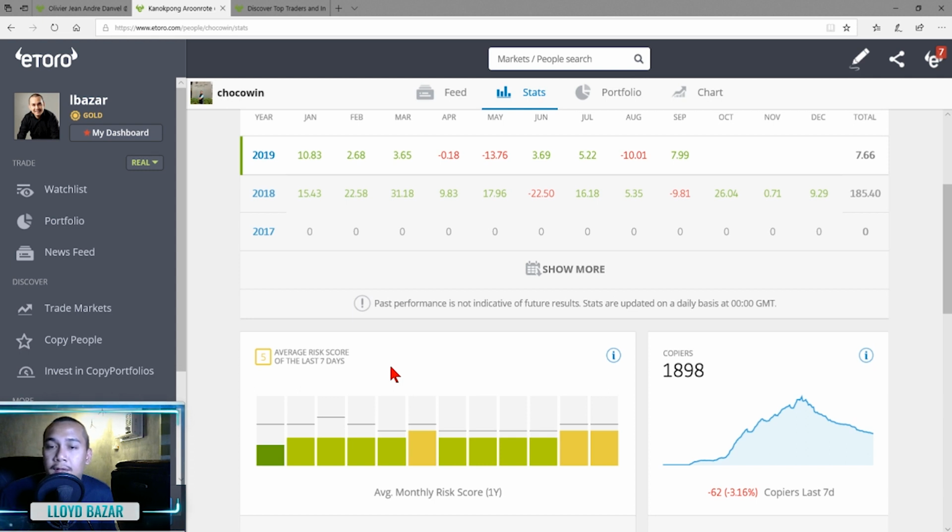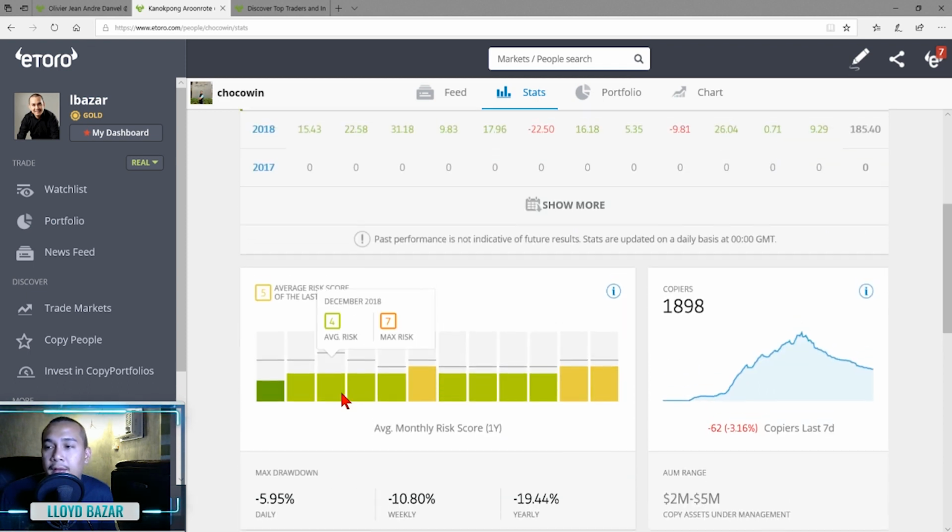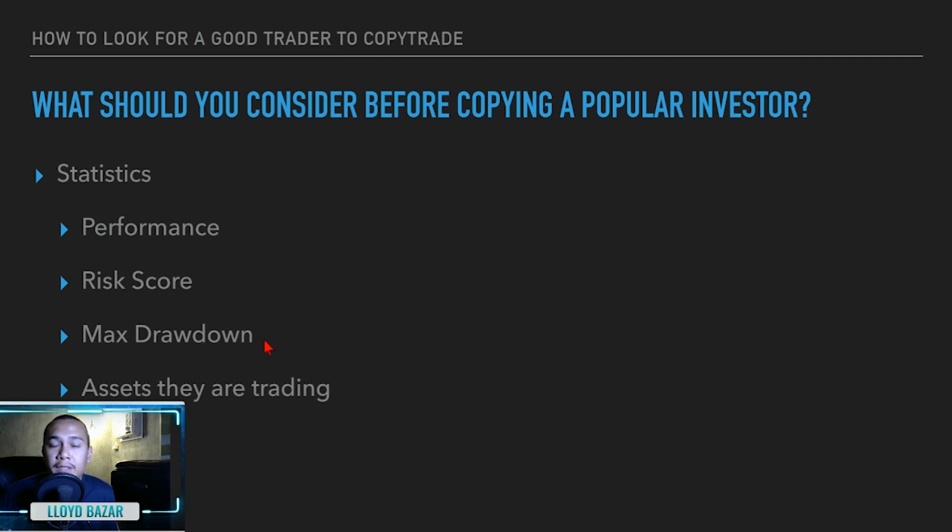Okay, so that's what you need to consider. This is their risk scores every month. This is good for 1 year, and so that's one of the things you need to consider. So if you don't want to lose your money fast, go for low risk people, or you can mix it up. Okay, let's go to the third thing you need to consider when you try to copy a person.